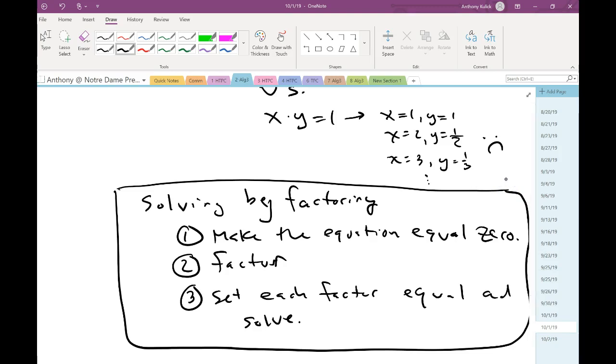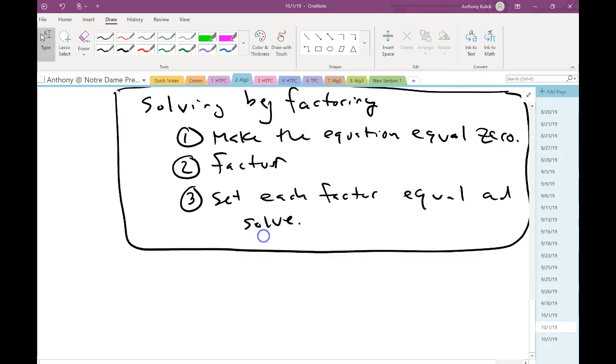Let's do an example now to practice this procedure. It's a pretty easy procedure. So let's say we have x squared plus 6x plus 9 equals 1.